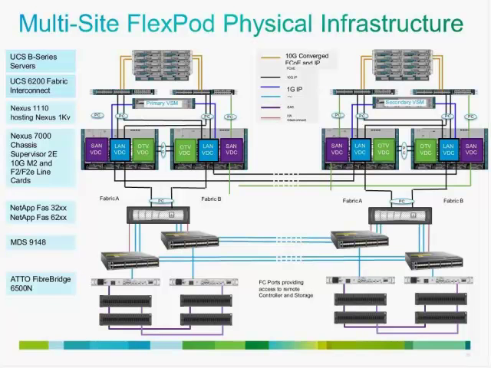We have extended our Nexus 1000V across the sites. We have extended the NetApp filers across the two sites by using their MetroCluster technology. That means we use the MDS-based switches and the fiber bridge switches for the filer to be able to connect to the local as well as the remote disk.